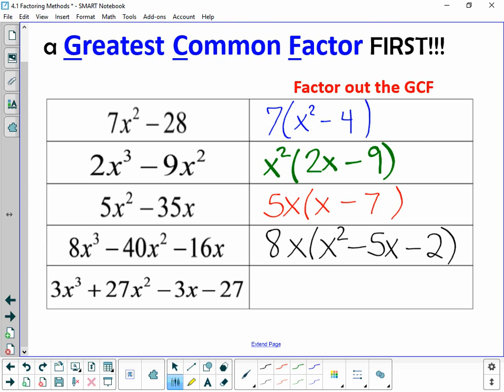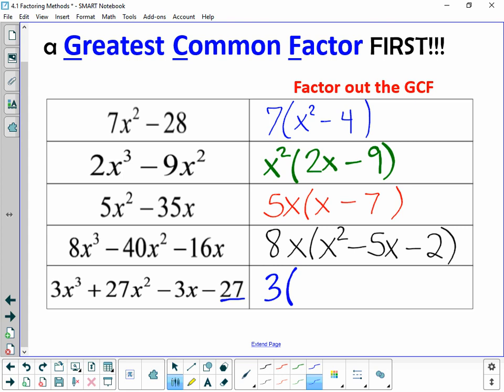Last one of these: what do 3x to the third, 27x squared, negative 3x, and negative 27 all have in common? Well, hopefully you identified that they all have a 3 in common. This last term does not have an x, so we are not able to factor out a variable from this expression.